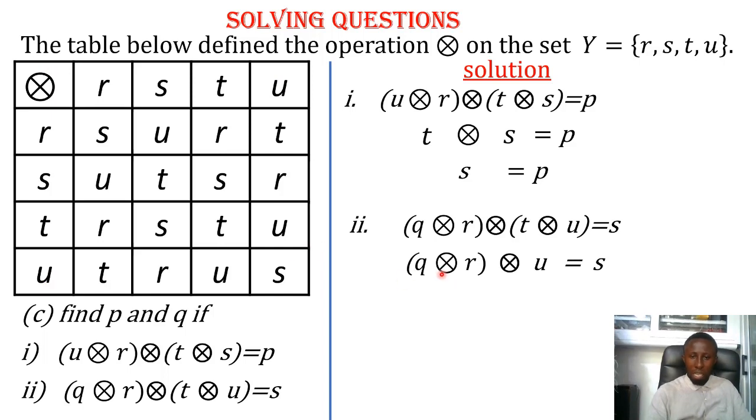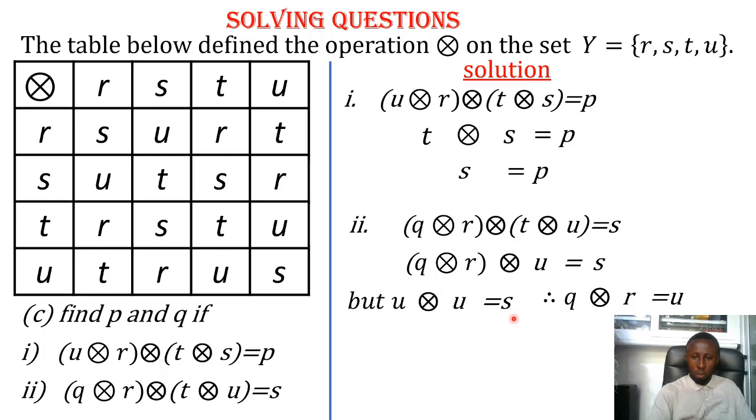So U operation U will give us S. Therefore, Q operation R is what? U. Yes, Q operation R is U. Right? Then since we don't know Q, we ask ourselves, R operation what will give us U?